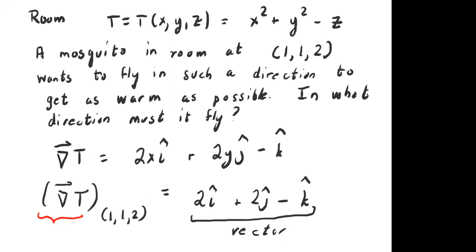So I am going to leave to you problem set 4 for lots of practice with calculating gradients of scalar functions. That's pretty straightforward to do. That's just using partial differentiation.